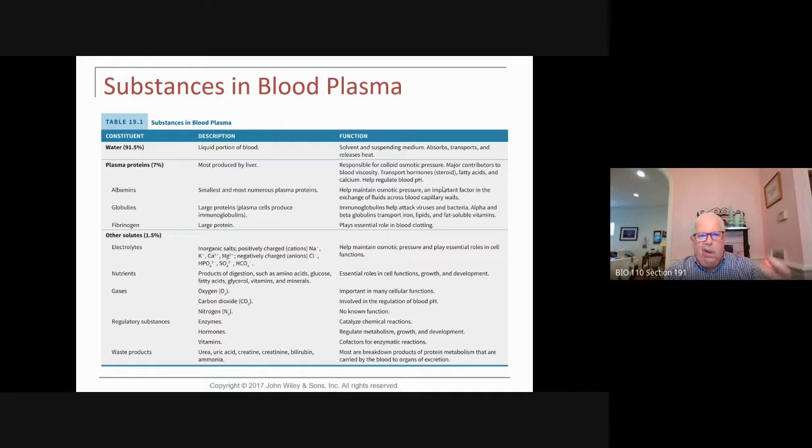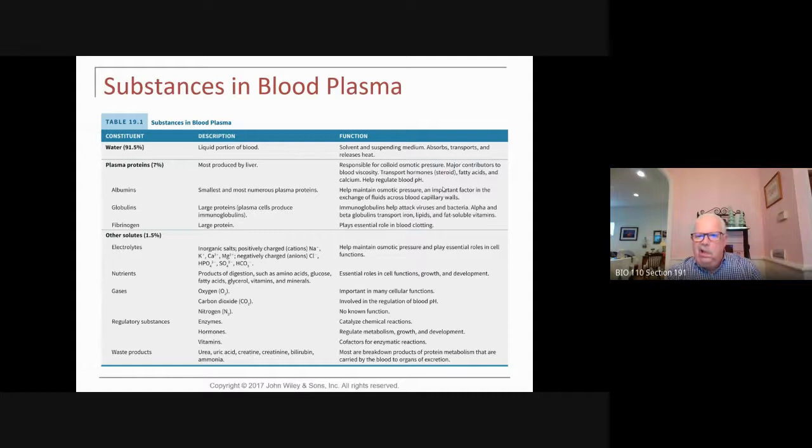You have water and you have your plasma proteins. But there are other solutes. There are hundreds of electrolytes, and the main ones are as you see: sodium, potassium, calcium, magnesium, phosphate, sulfate, and carbonate. Those are the majority of electrolytes that are in your blood.